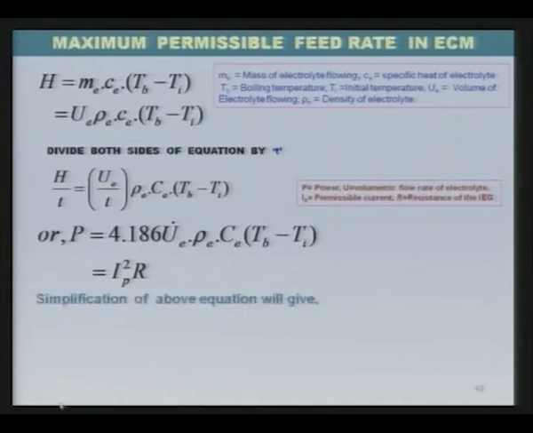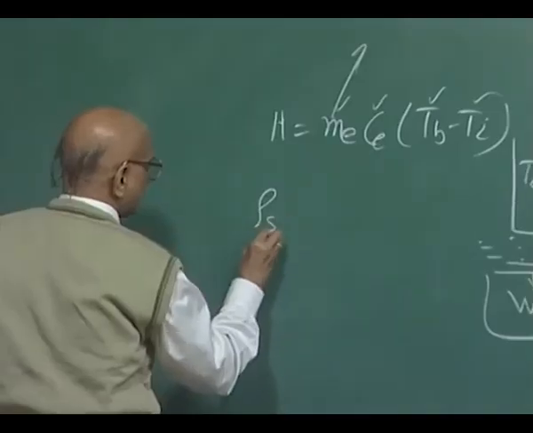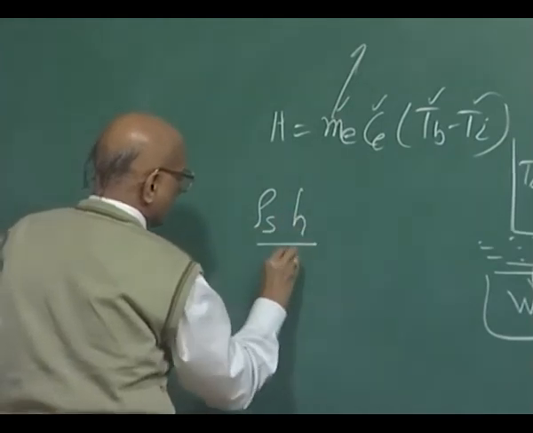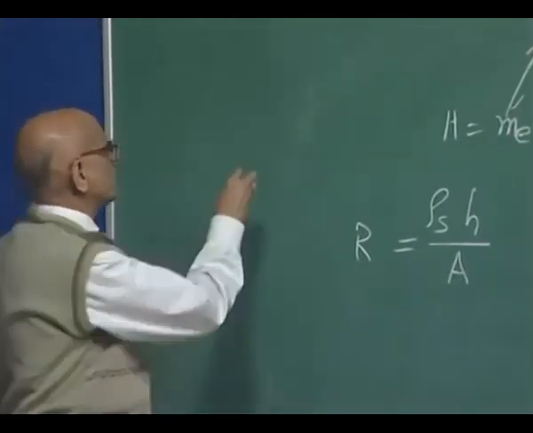Now, simplification of this equation will give us I_P, that is the permissible current in the circuit, equal to the square root of 4.186 U_E rho_E C_E (T_B minus T_I) divided by rho_S H over A. Now, this R has been substituted by rho_S H over A, and it is nothing but the resistance that we already know.